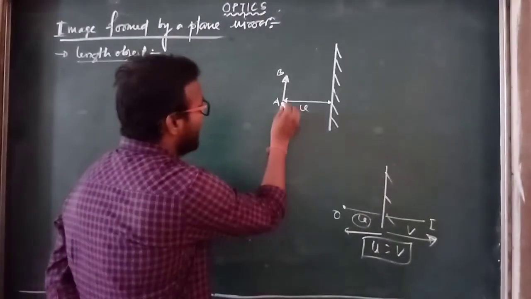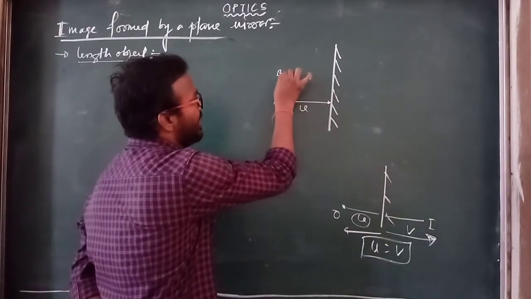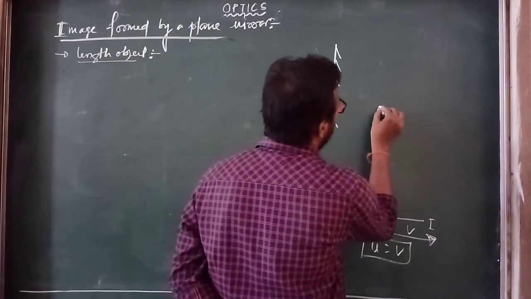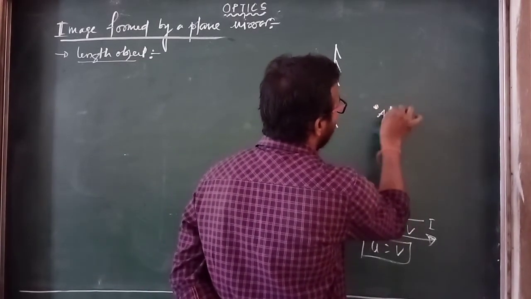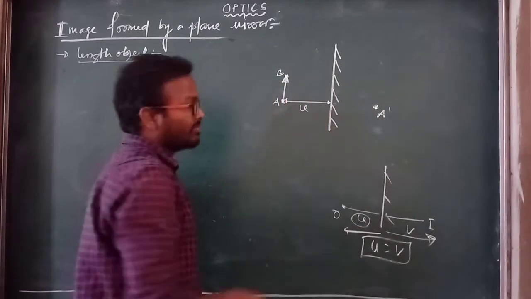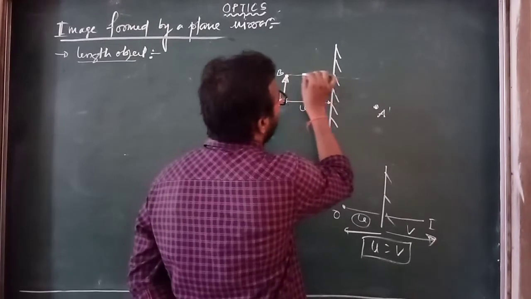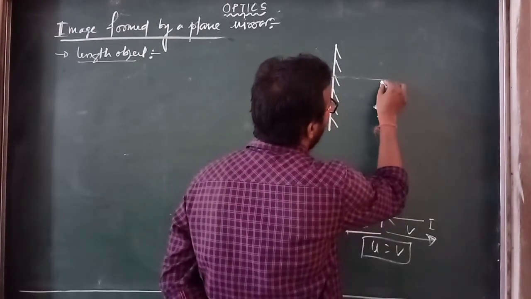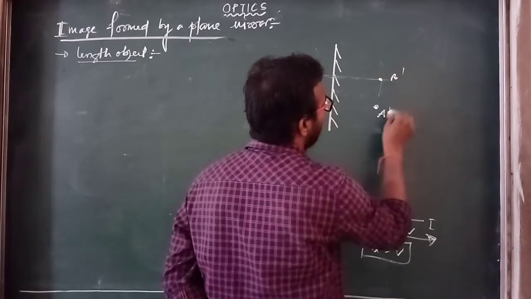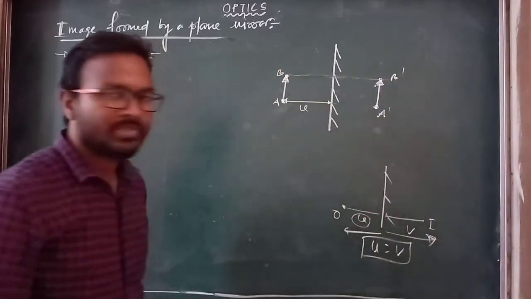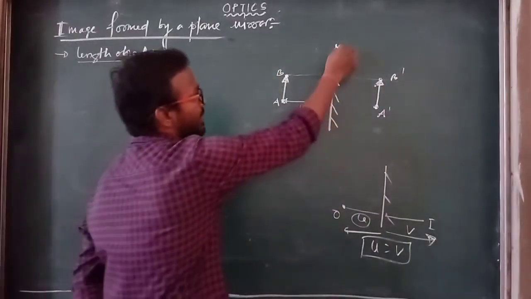Similarly, suppose there are two points, point A and point B. At the back side of the mirror there is a point A dash, and for point B the image is formed at the same height, which is B dash. So this is the image formed by a plane mirror.